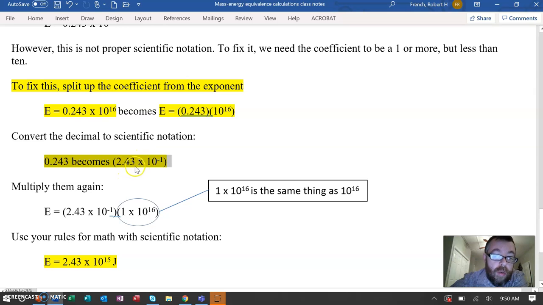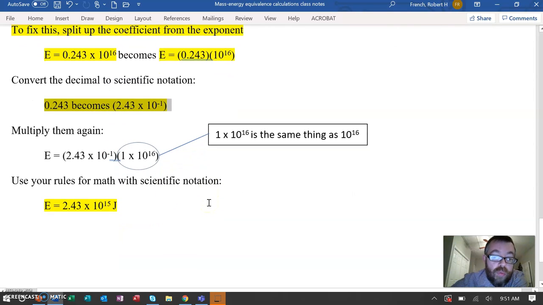Okay, so this coefficient is really 2.43 times 10 to the negative 1. So let's do that. 2.43 times 10 to the negative 1. That was the coefficient. And then this was our 10 to the 16th. We're just going to put a 1 in there to make it easier to comprehend for our rules of math with scientific notation. So 2.43 times 10 to the negative 1 times 1 times 10 to the 16th.